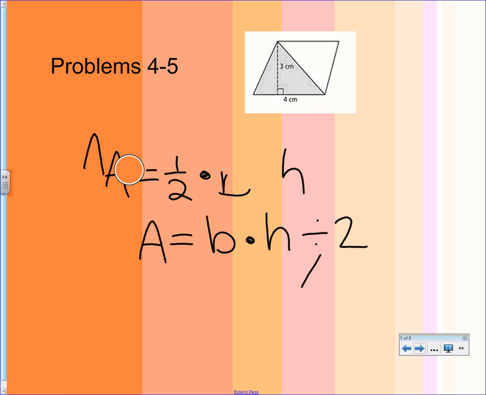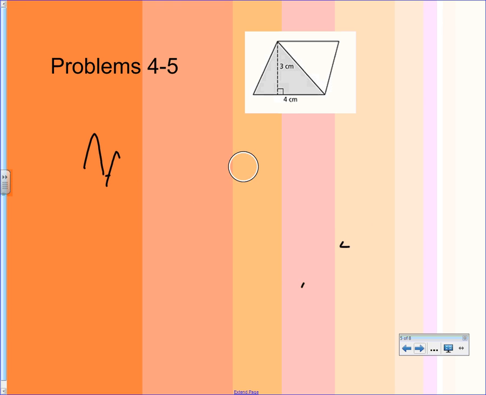If you look at problem number 4, and we're dealing with the parallelogram that you see in front of you, we need to figure out what the area is. Now, the base, and I'm just going to circle it in red, this is your base, and the height is here, this dotted line. Okay. So remembering what you know, what is the area of this parallelogram?